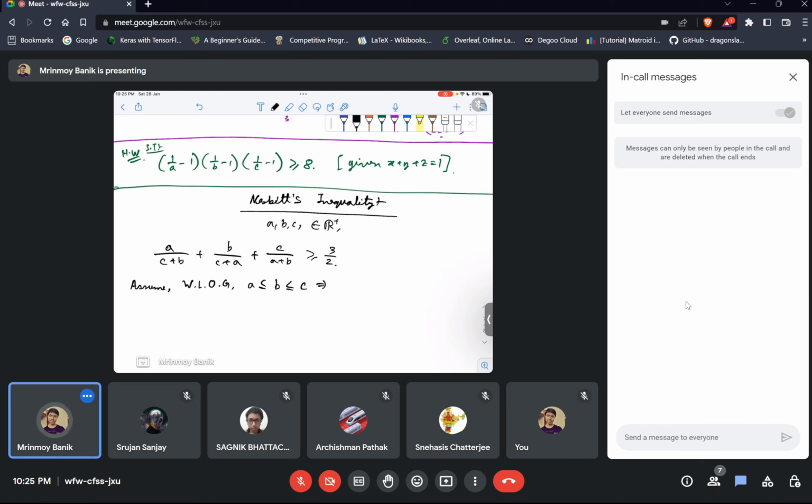And that would mean a plus b is the smallest, followed by c plus a, followed by c plus b. That would imply their reciprocals are in the opposite order.